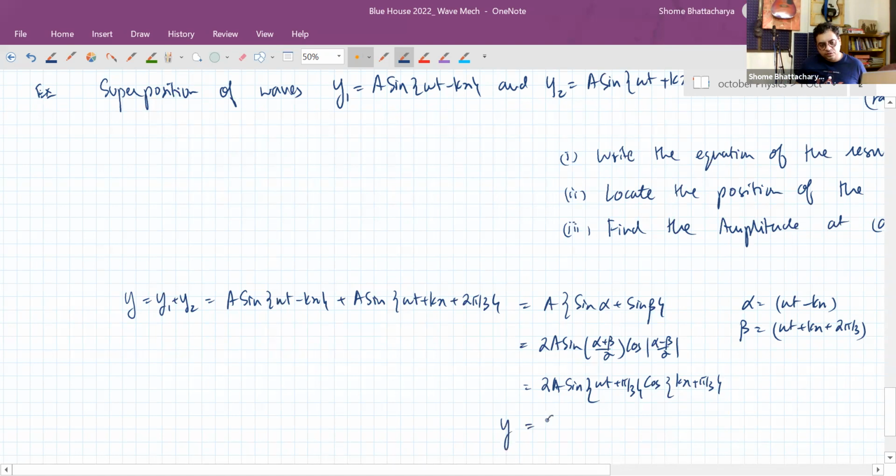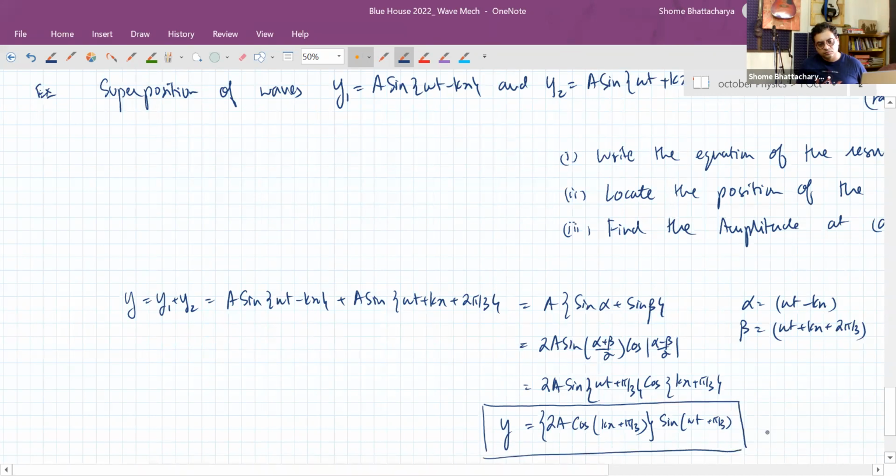So the standing wave equation now is like this. This is like your amplitude term and this is your SHM term. Now in all of this, we also have to find out the terms.